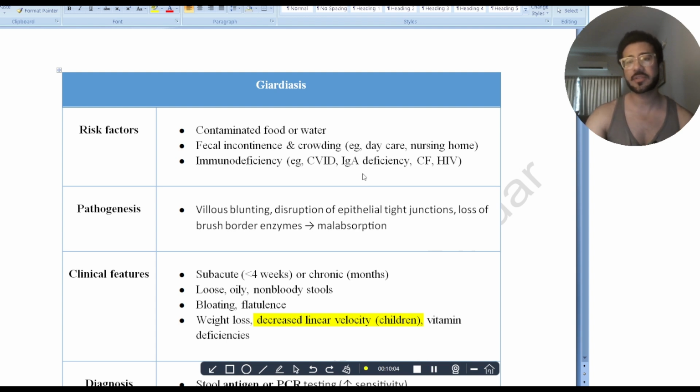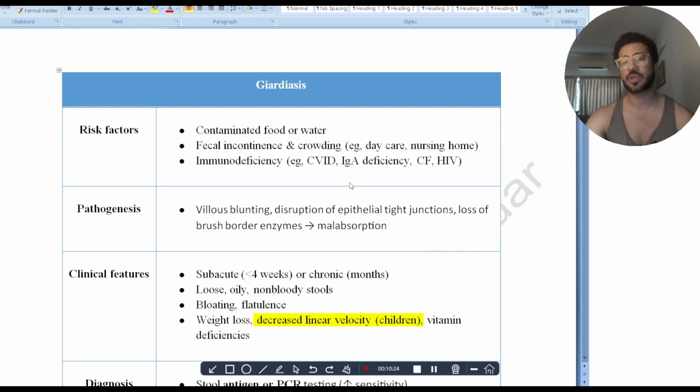So the demographics mainly that you need to remember: a traveler, a daycare, nursing homes where the water and food intake is shared, and any states of immunodeficiency such as an HIV patient or a cystic fibrosis patient or IgA deficiency patient. So the pathophys is really easy.